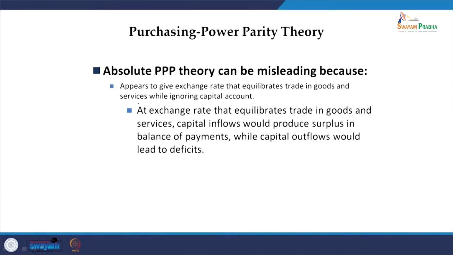Absolute purchasing power theory can be misleading for some reasons. First, it appears to give an exchange rate that equilibrates trade in goods and services while ignoring the capital account. At an exchange rate that equilibrates trade in goods and services, capital inflows would produce a surplus in the balance of payments, while capital outflows would lead to a deficit, which we discuss in the balance of payments chapter.